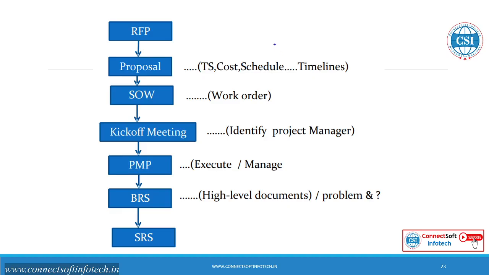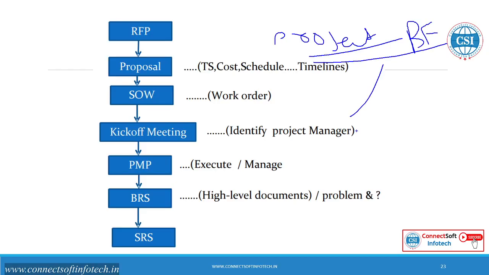So product for the clients, project for us. Suppose we have a banking domain project, there may be different applications for banking. Okay, this is the project: banking and finance is the project for our side. The client requires a banking application, then an internet banking application, then a fund transfer application.